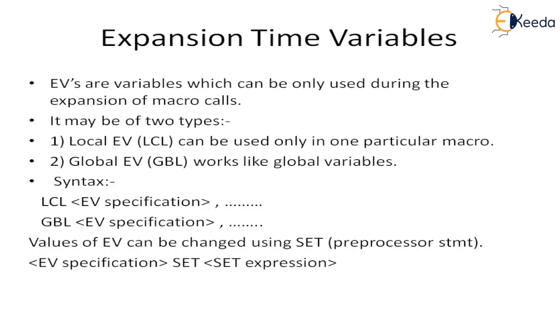Both are used with the expansion variable specification, meaning LCL and GBL, with the syntax LCL in brackets ED specification and GBL in brackets ED specification. The value of ED can be changed using the SET, which is the preprocessor statement.